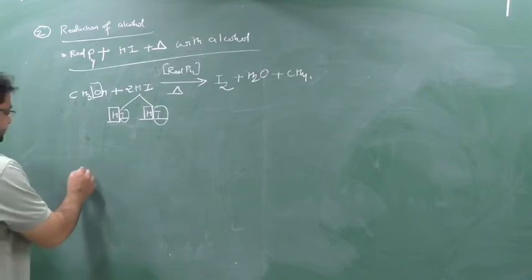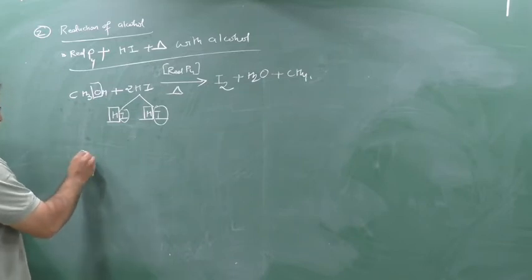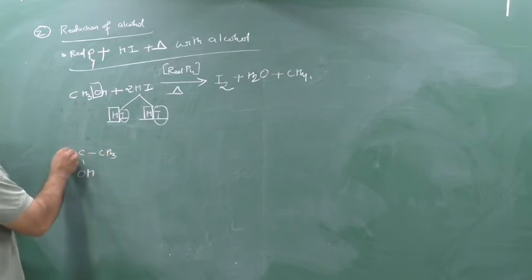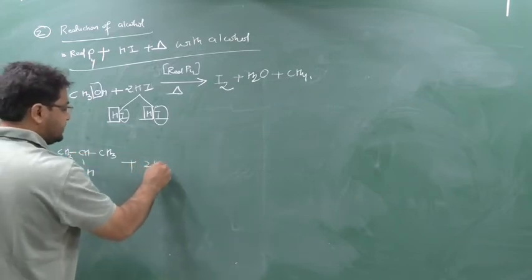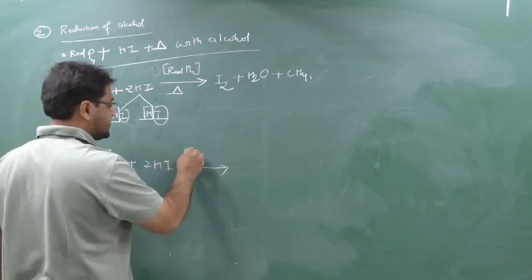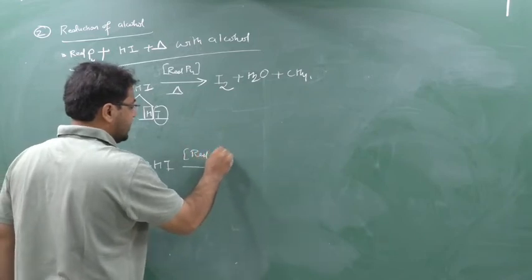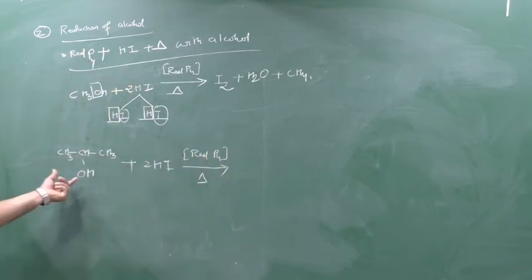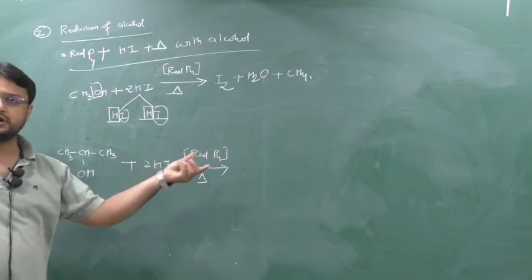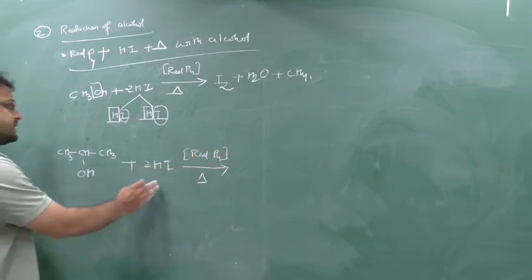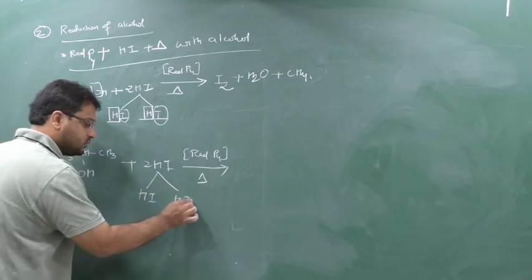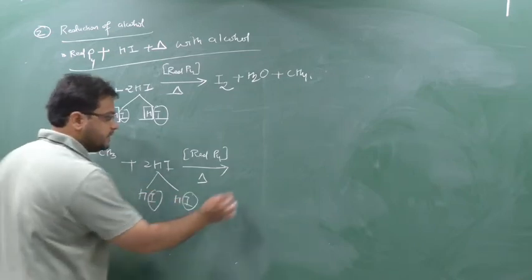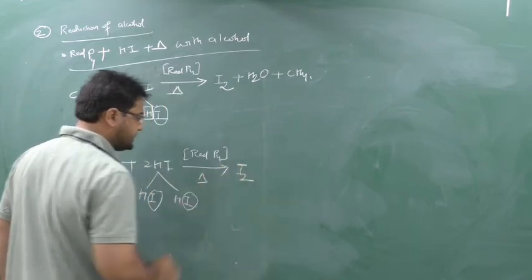Next we will see OH-containing carbon associated with another 2 carbons. The 3 degree one you can do at home. Again I am taking 2 HI, red phosphorus as catalyst, and heat. So we have alcohol, HI, phosphorus and heat. Split this HI, here also HI. So this I and this I will be converted into I2, meaning iodine will be generated.